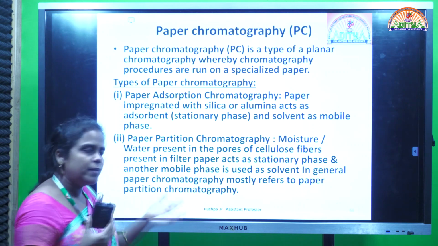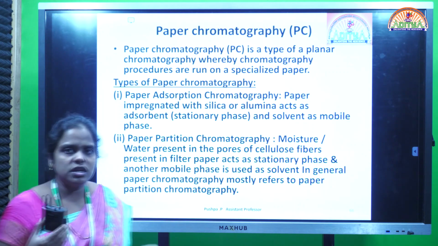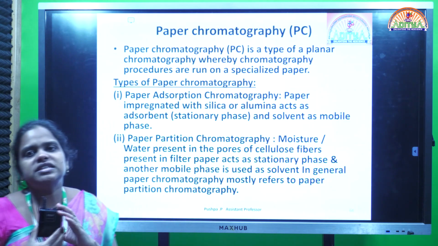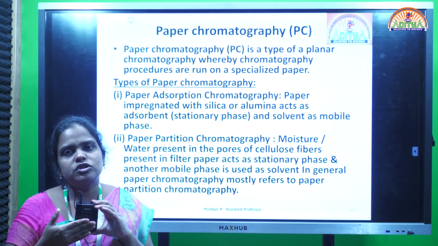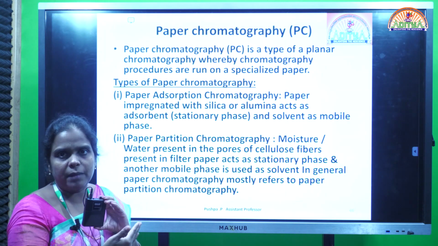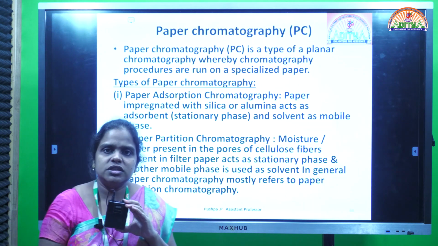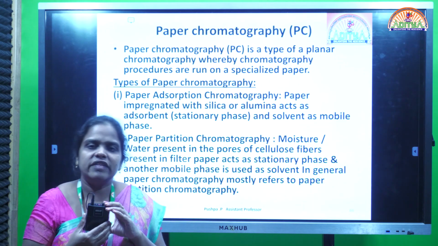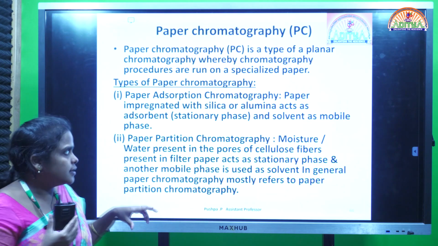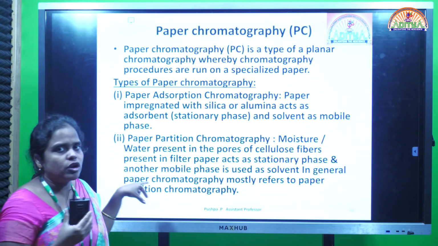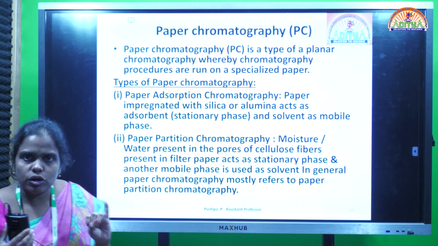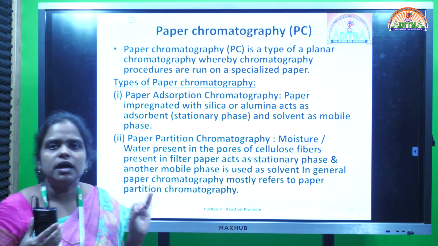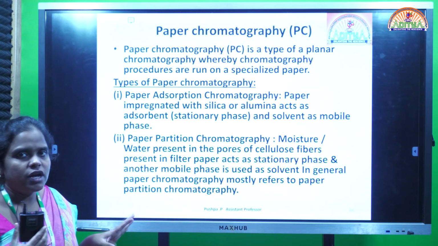And obviously the mobile phase we are using is also liquid. So if the sample has more partitioning or more solubility with the Whatman filter paper, it will elute later. If it has more solubility with the mobile phase, it will elute fast. These are the two types of paper chromatography: paper adsorption chromatography and paper partition chromatography.